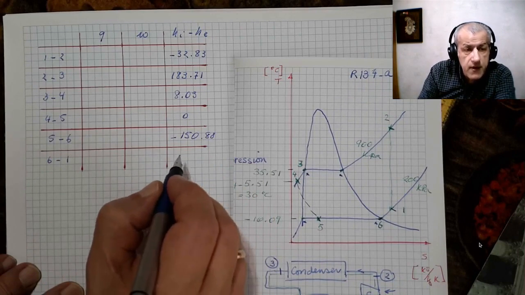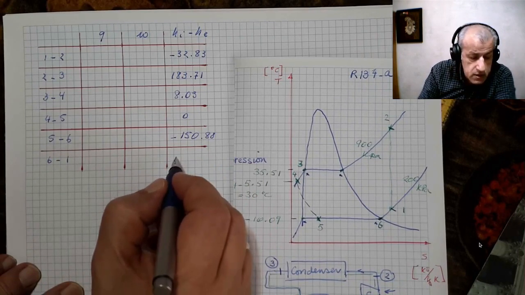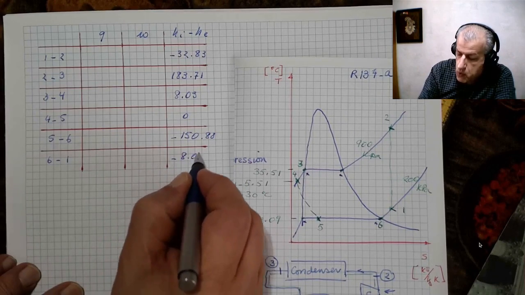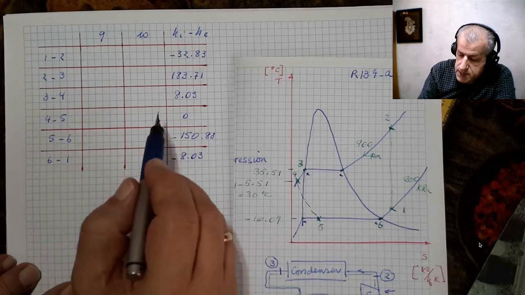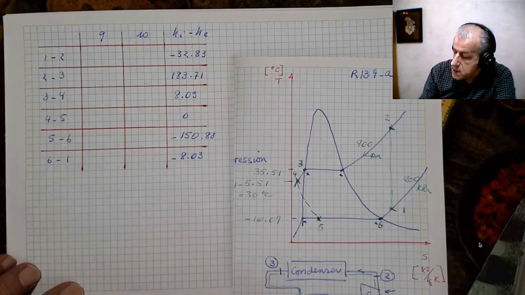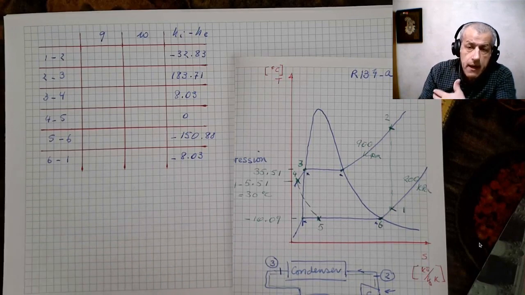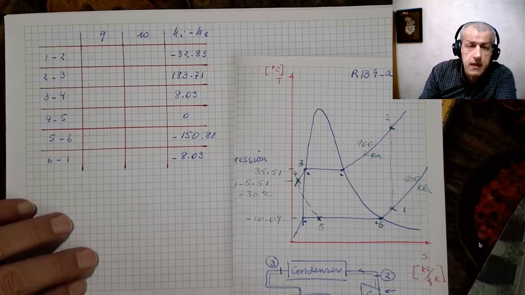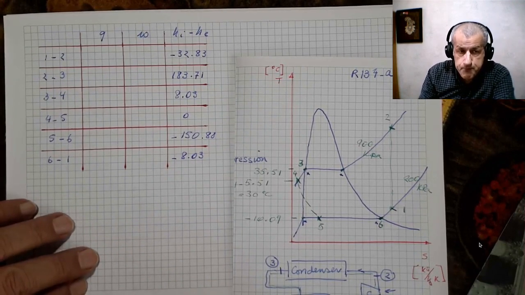And finally, process 6, 1 is heat transfer, and it is minus 8.03. You see, process 3, 4 and process 6, 1 are both inside this heat exchanger. One absorbs it, one rejects it. So at the end of the day, they are equal.